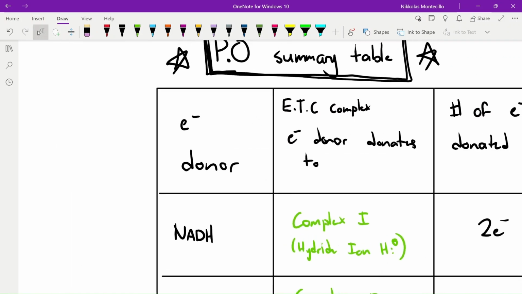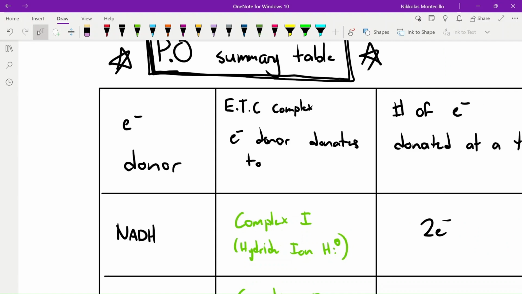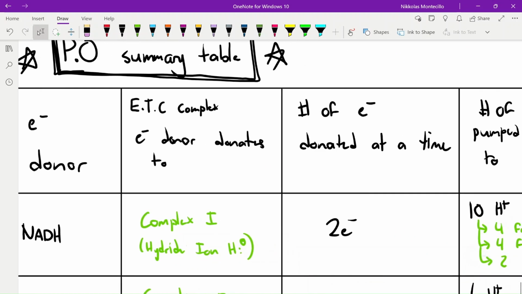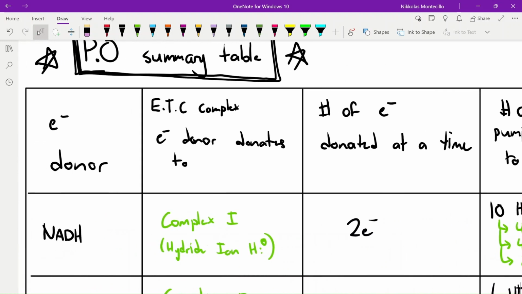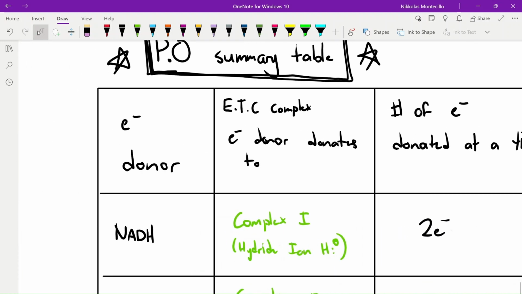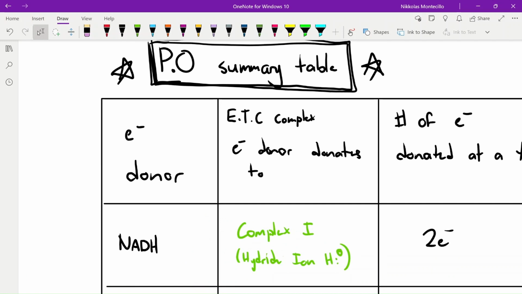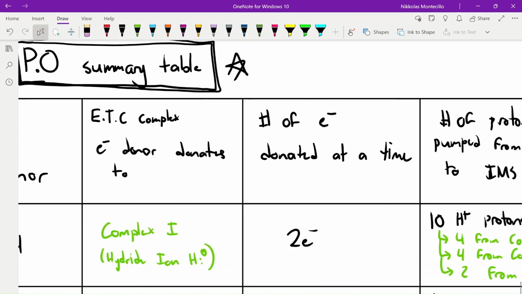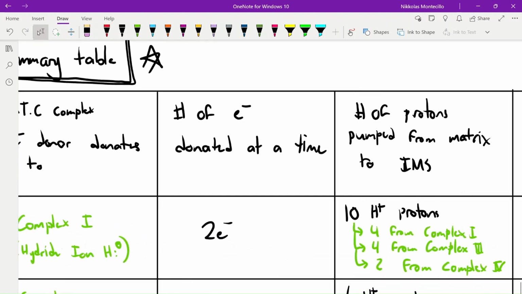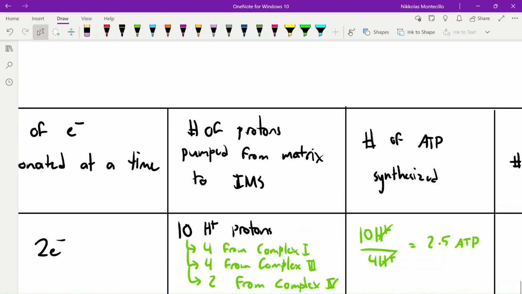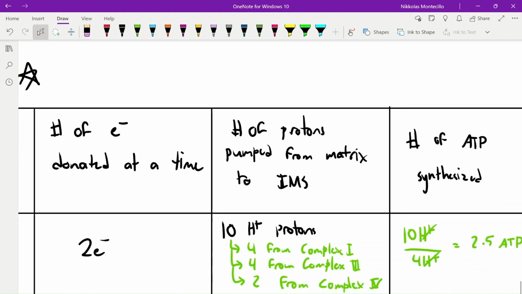NADH donates its electrons to complex 1 and complex 3 and complex 4, right? Or sorry, the electron transport chain complexes the electron donor donates to. NADH will donate its electrons to complex 1 in the form of a hydrogen ion. 2 electrons are donated at a time, and the number of protons pumped from the matrix to the IMS is 10 protons for NADH, right? There are 10 protons, 4 from complex 1, 4 from complex 3, and 2 from complex 4.